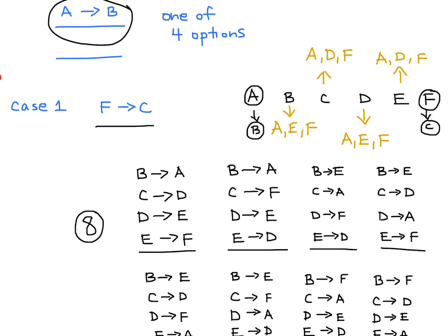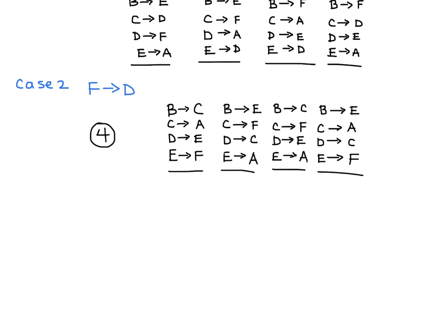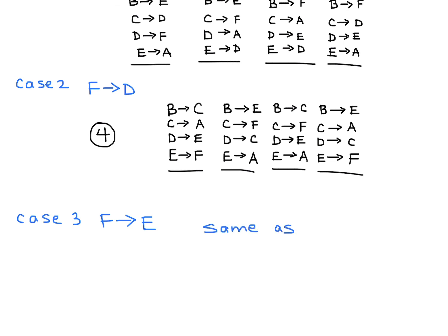And then we have one final scenario for A going to B, and that is where case number 3 comes in, where F is going to E. And the good news is that this is the exact same as case number 1 in terms of the way you would approach it.